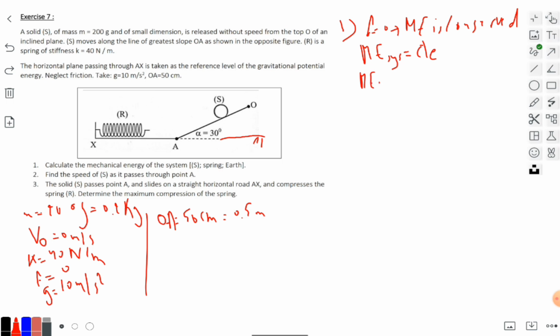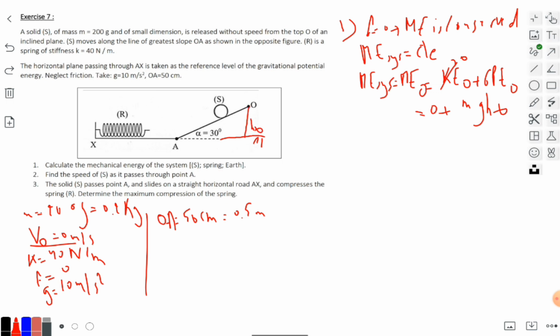Then ME of system is equal to the mechanical energy at any position. So it's equal to ME at point O, equal kinetic energy at point O plus GPE, gravitational potential energy at point O. The kinetic energy is equal to 0 since velocity is equal to 0 at point O. Then 0 plus mgHO. This is HO.